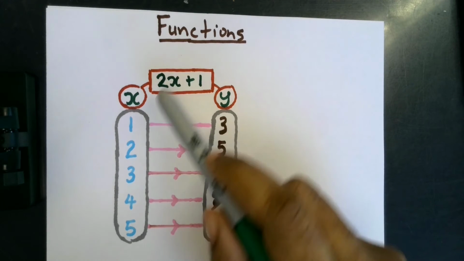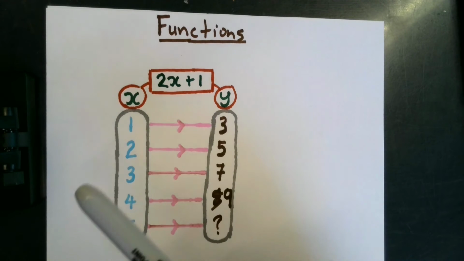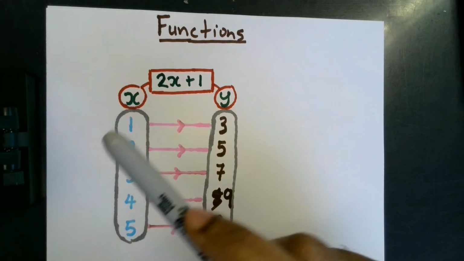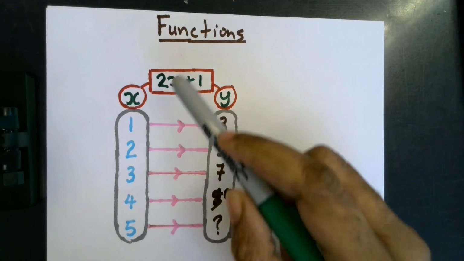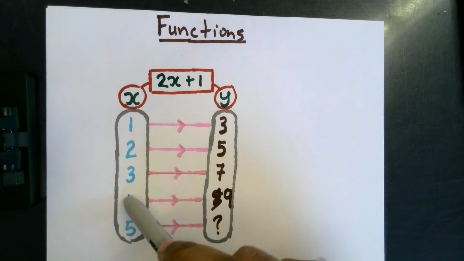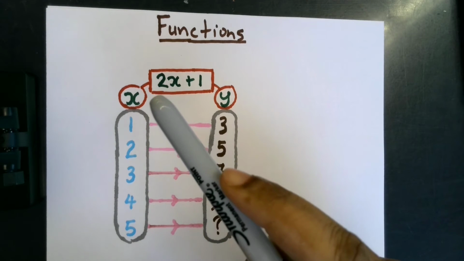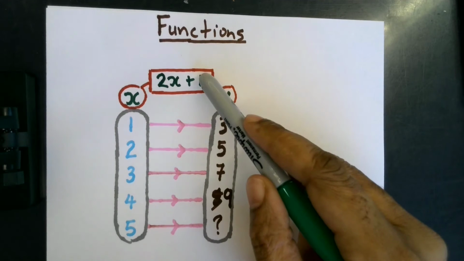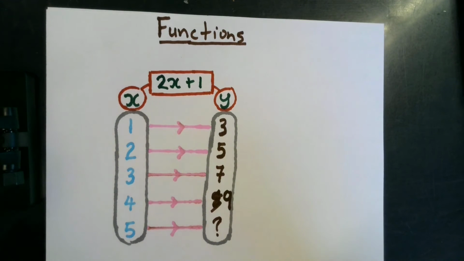When x is 3, 2 times 3 is 6. 6 plus 1 is 7. Yes. When x is 4, 2 times 4 is 8. 8 plus 1 is 9. Okay. So our formula works.